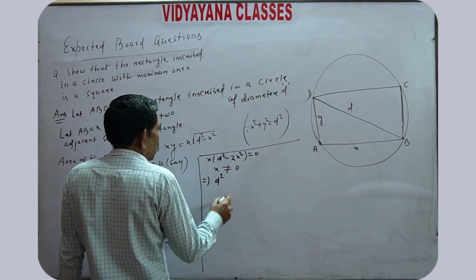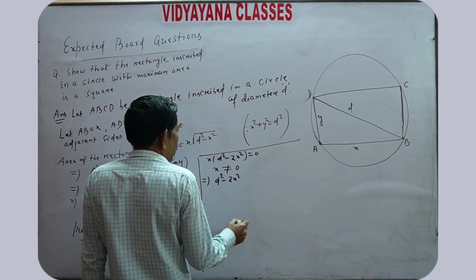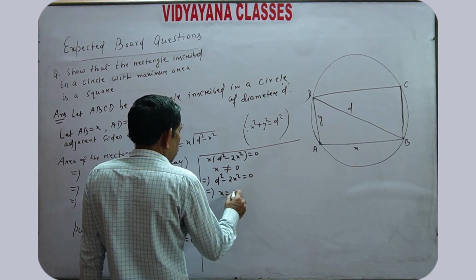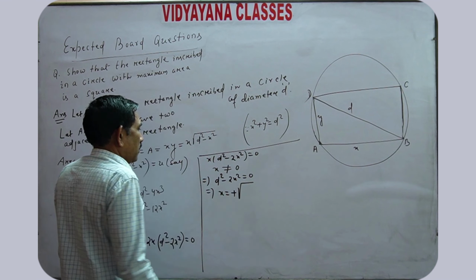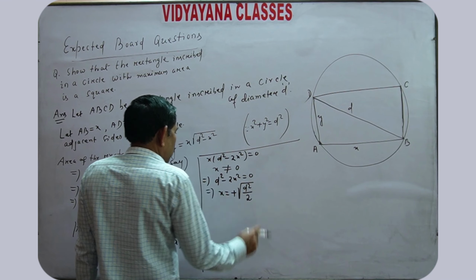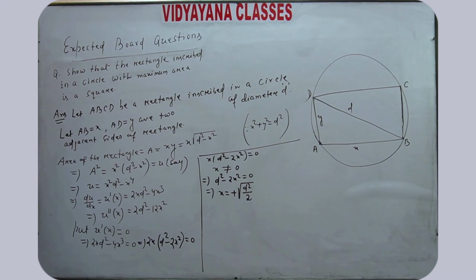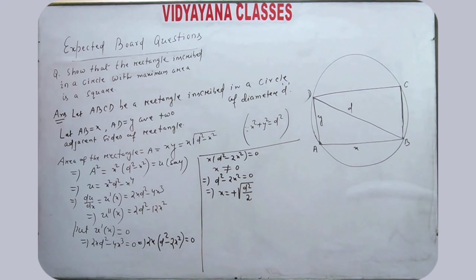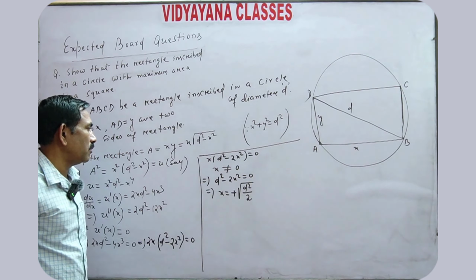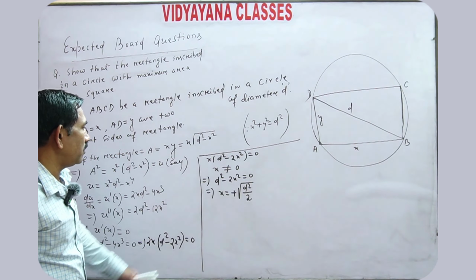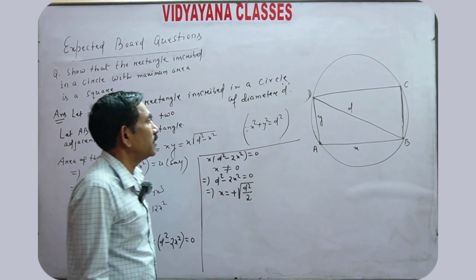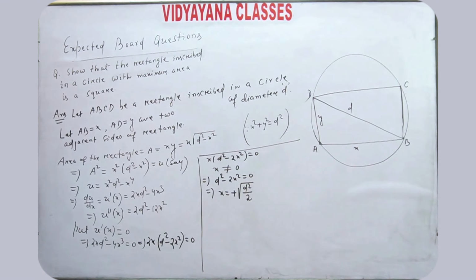Implies D square minus 2x square is equal to 0. So x is equal to positive square root of D square by 2. Clear? x square is equal to D square by 2, x is equal to positive square root of D square by 2, since x is greater than 0, representing the length of the rectangle.